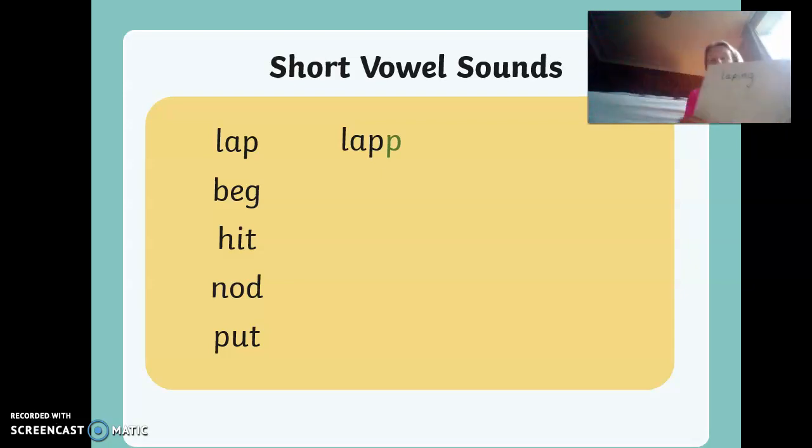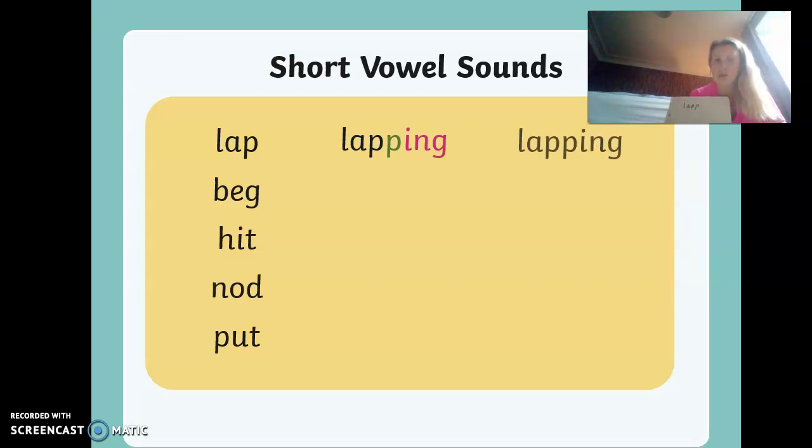Because it's a short vowel sound here, it means we need to add another consonant before we add the ing, so it sounds right. So that is why that word there has got another P. Look there, can you see now? Lapping.